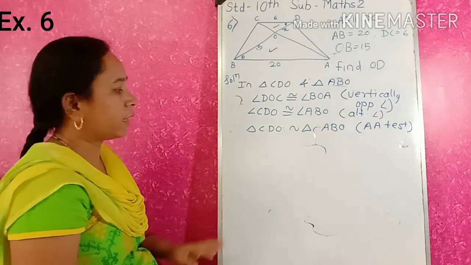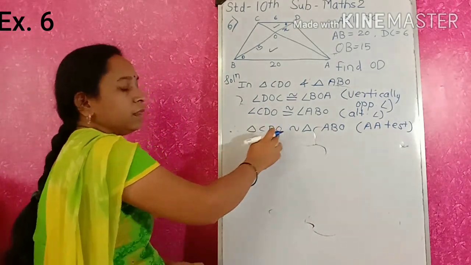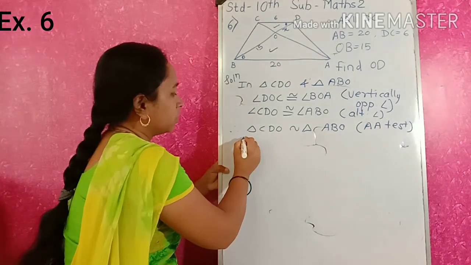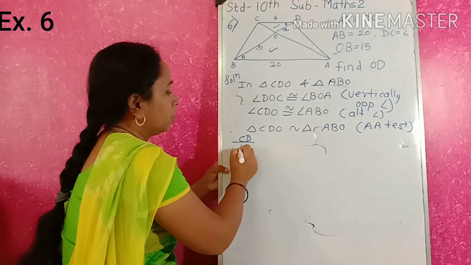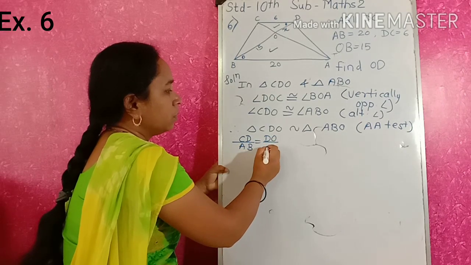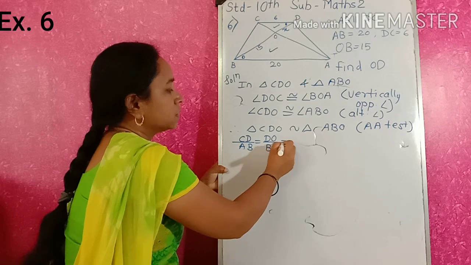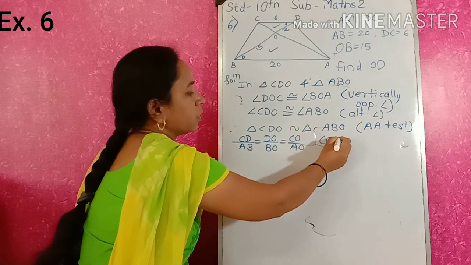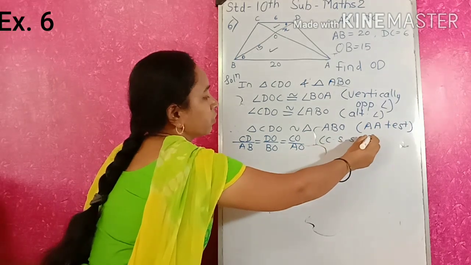If these two triangles are similar, then their corresponding sides are in proportion. So what are the corresponding sides? CD upon AB is equal to DO upon BO is equal to CO upon AO. These are corresponding sides of similar triangles.